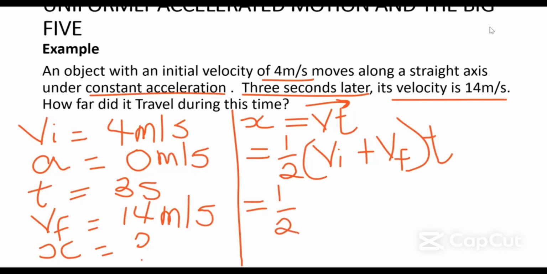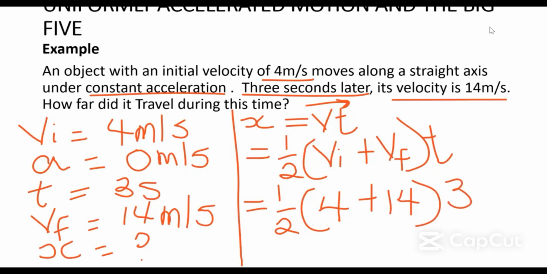Which will be equal to 1 over 2 brackets. Initial velocity is what? 4. Then the final velocity is 14. Then the time is what? 3.